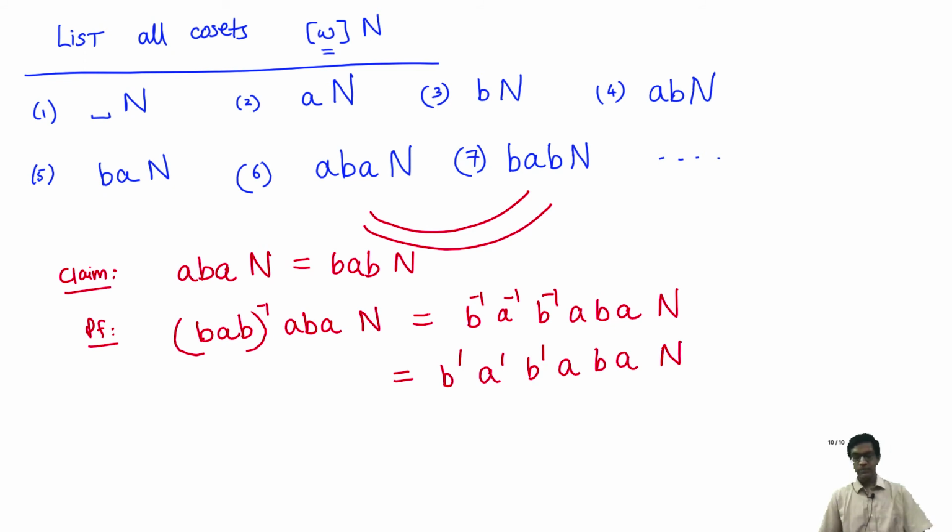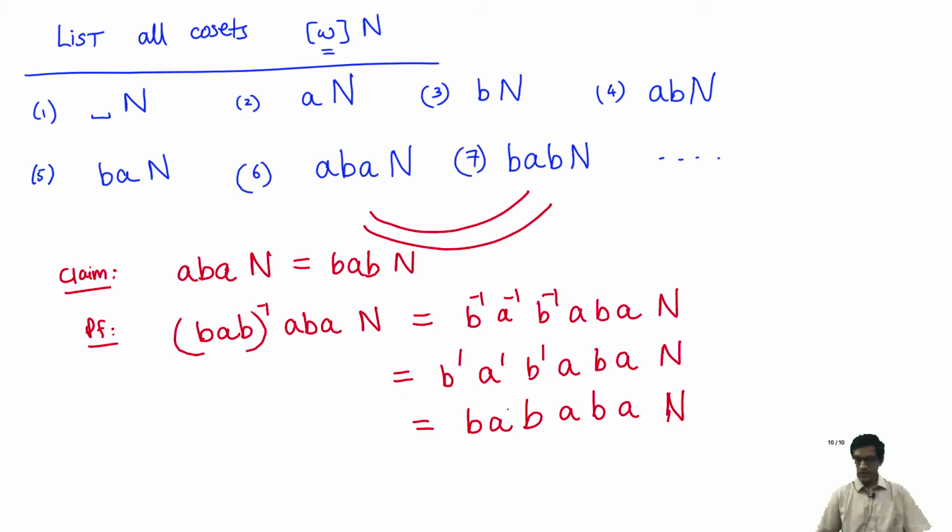Now, we have already proved the following, that whenever you see primes in a word, you can replace the primes by the unprimed alphabet, and that still gives you the same coset. So this is now BA, BA, BAN.